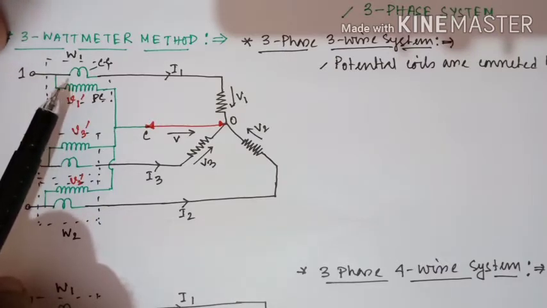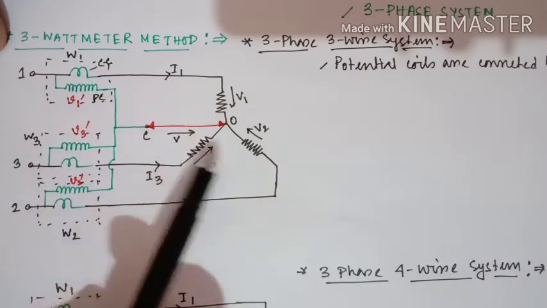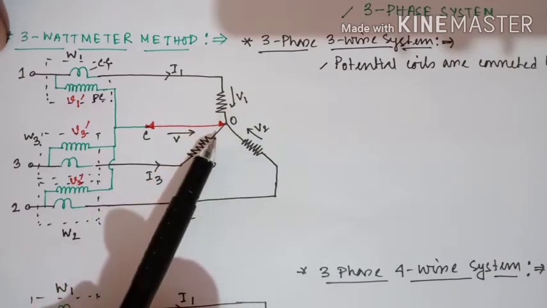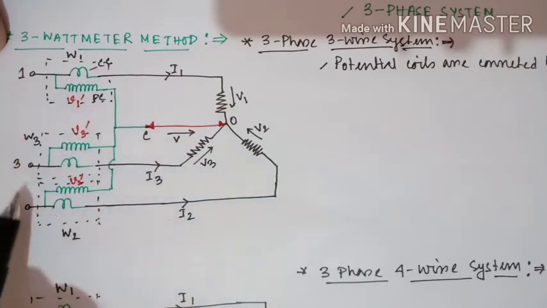So here our topic is that we need to measure the power consumed by these three different loads connected in star connection, and how these three loads are consuming power from three different phases: phase number 1, phase number 2 and phase number 3.